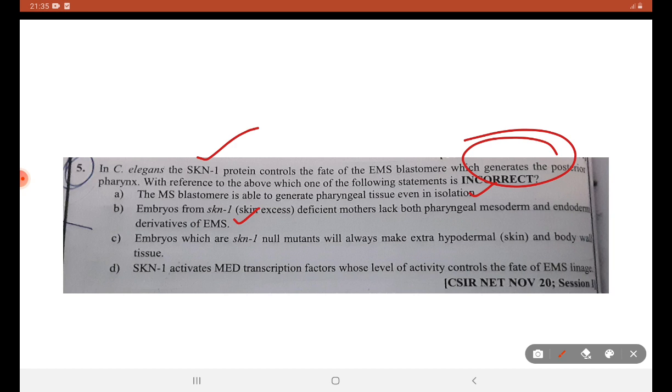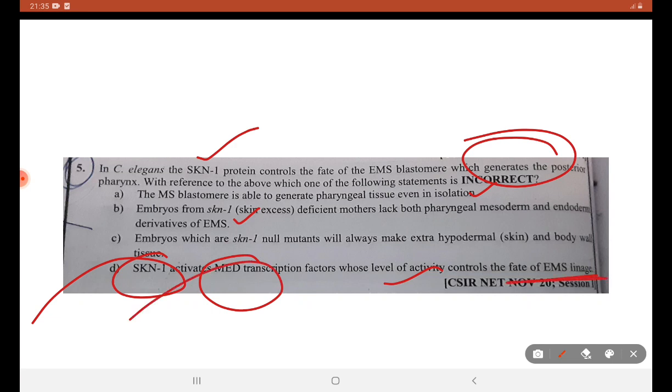SKN1 activates MED transcription factors whose level of activity controls the fate of EMS lineage. Correct. So SKN1 is somehow associated with MED.